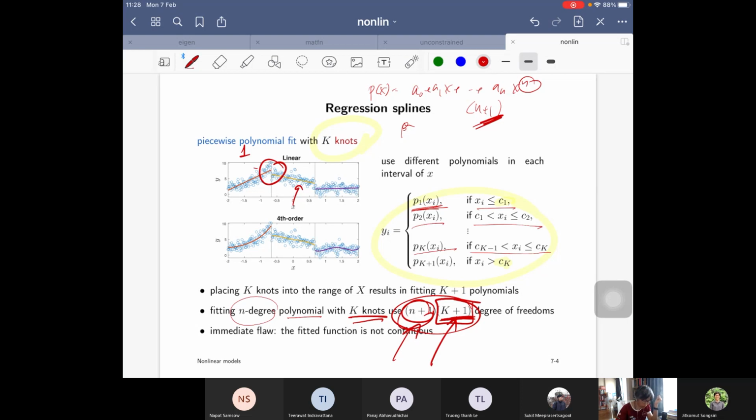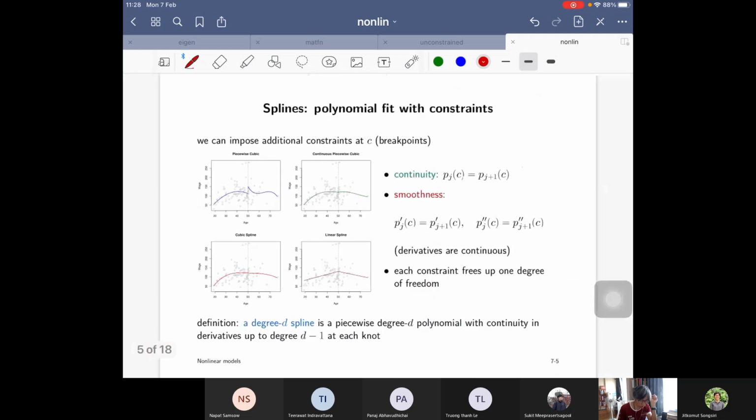When the function values at the knot are not equal between the first and the second polynomial, your overall function is not continuous at the breakpoints, and that is the first obvious flaw.